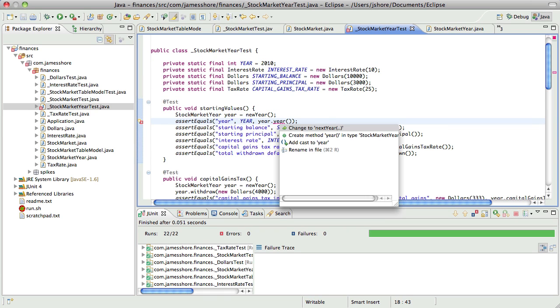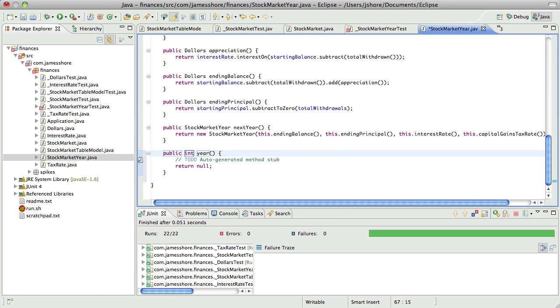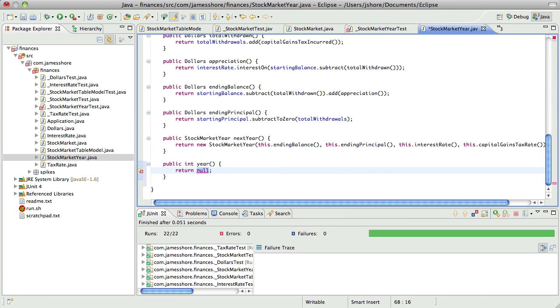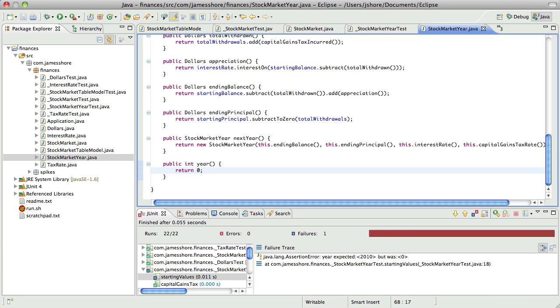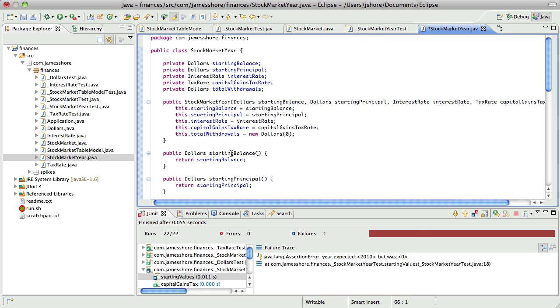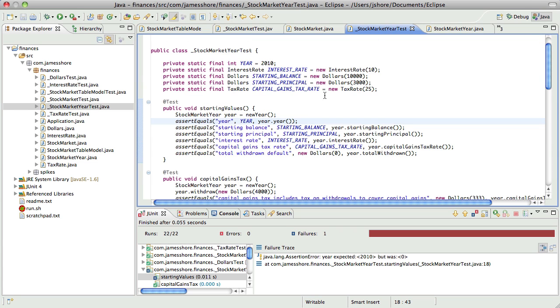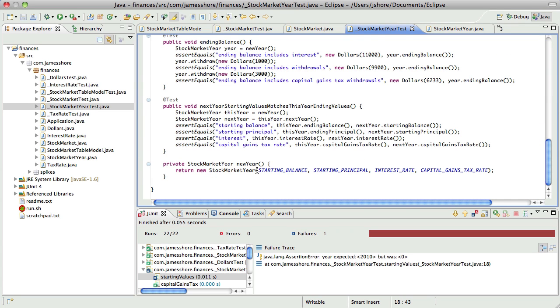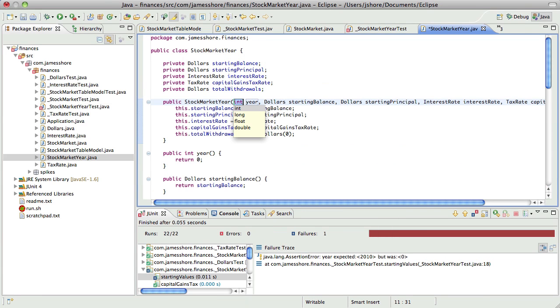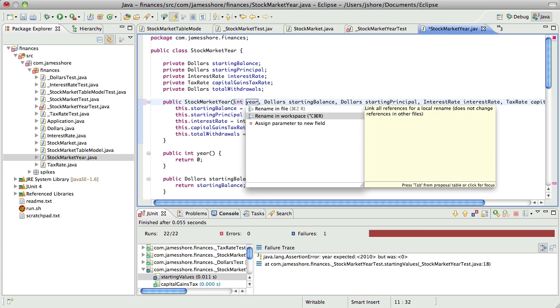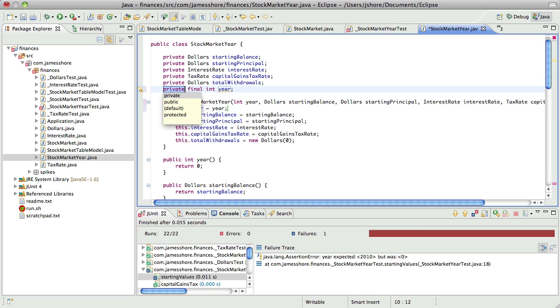Oops. I wonder why it defaults to final.